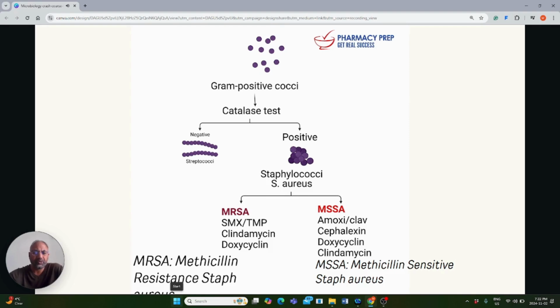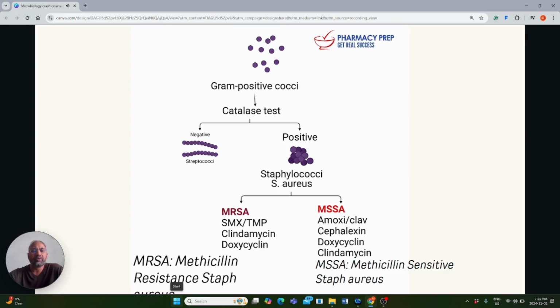So that is why we use the word M. So they are methicillin resistant Staphylococcus aureus, and these are the methicillin sensitive Staphylococcus aureus. So when we are talking about methicillin, we are basically talking about all the penicillins. They are resistant to all penicillins, as well as the cephalosporins. So both of these classes of drugs, they are resistant to, so that's why they are called MRSA. And when they are sensitive to these drugs, they are called MSSA.